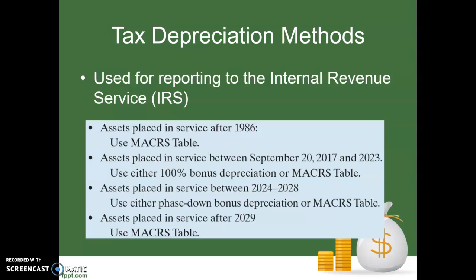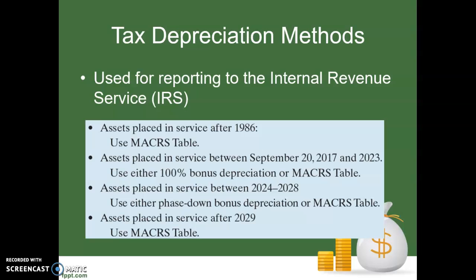For instance, looking at this excerpt from the textbook, in 1986, the IRS developed this MACRS table, which stands for Modified Accelerated Cost Recovery System. That's how assets were depreciated using this particular table, except in September of 2017, or sometime before then, new legislation was enacted that allowed you to use a 100% bonus depreciation or the MACRS table.